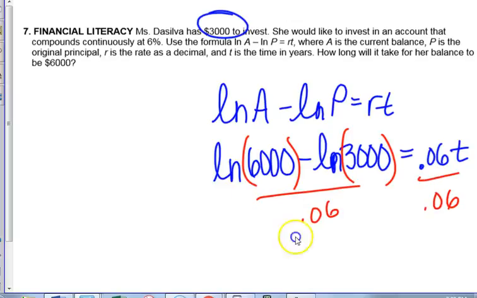Anybody get a value for T? Nobody? Did you get 11.6?